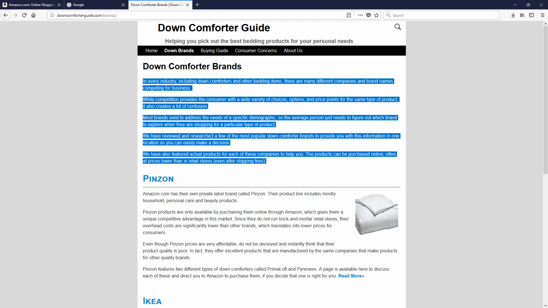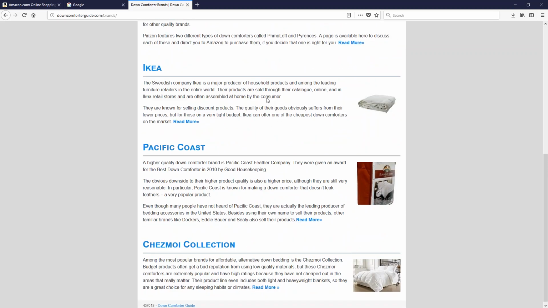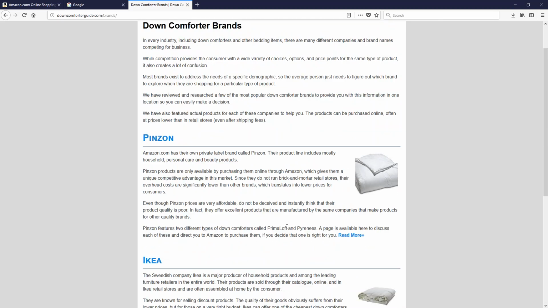So I briefly talk about brands for this type of product, in a general sense. Everything else, all of the other writing that's done on this page is specific writing that has to do with one of these products or brands that I'm featuring on this page.